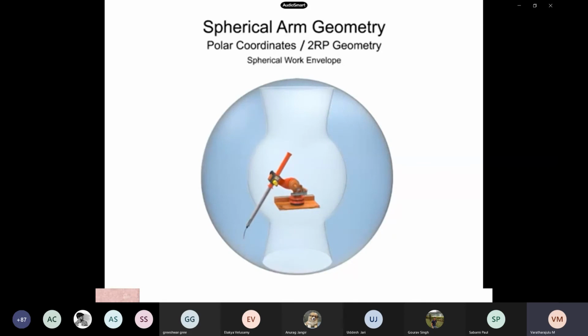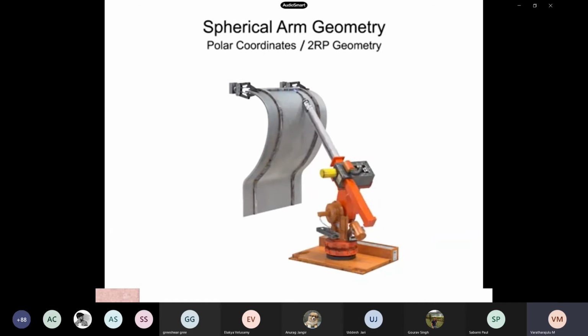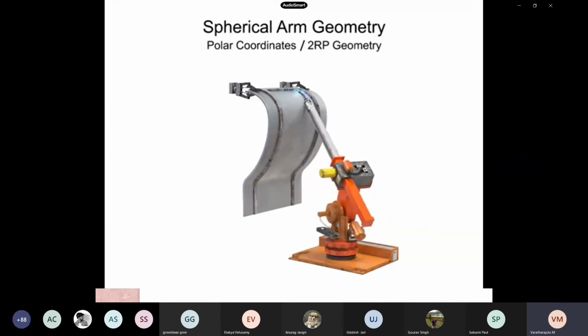Spherical arm geometry robots typically have a very long reach and have proven their performance in industrial applications. However, their high cost, large use of floor space, and lack of flexibility compared to jointed spherical arm robots make it hard to justify in most industrial applications.